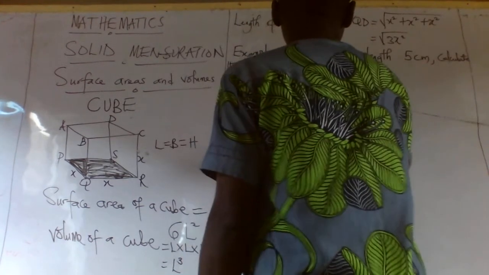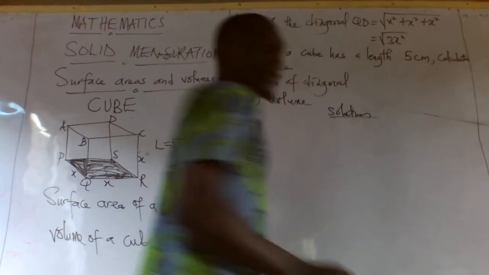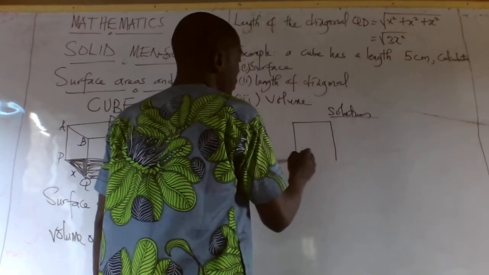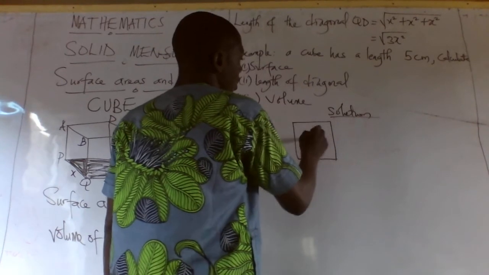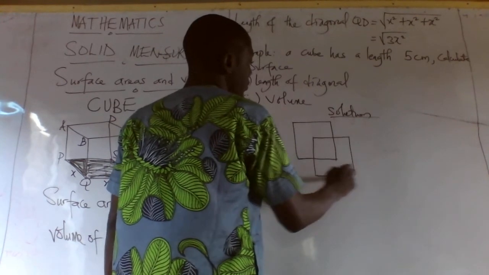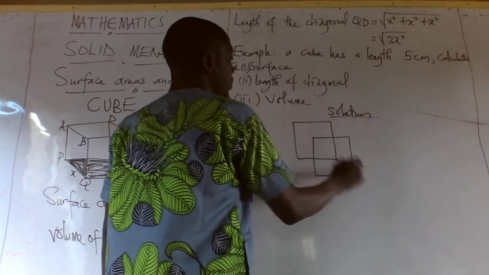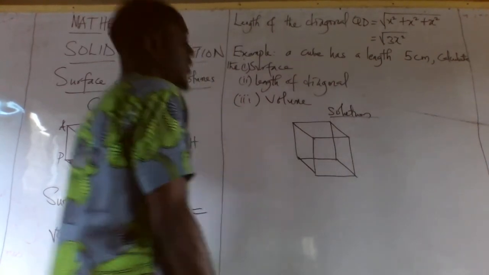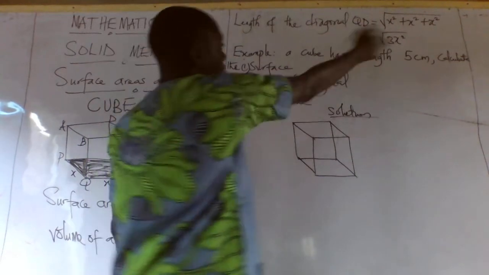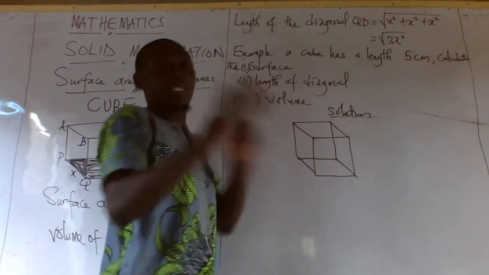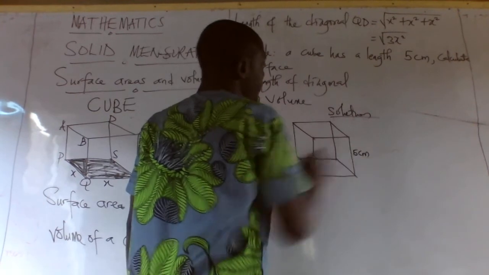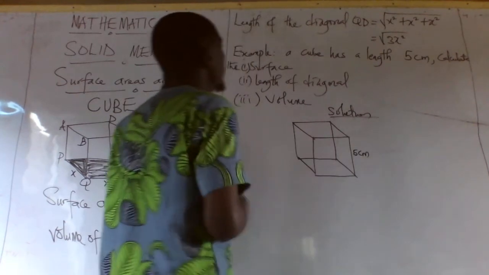Solution. Let's assume this is the cubic shape. We have this, and we have 5 centimeter. All the sides are equal, so we have 5 centimeter to everything.